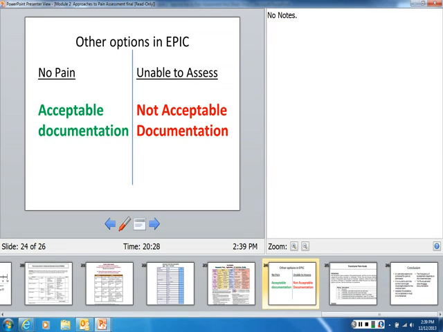In my mind, this is really not acceptable documentation under very many circumstances that I can think of. If your patient is unresponsive and an adult, you should be using the PAINAD scale at this time. And really, the Wong-Baker FACES scale should not be used in any patient that is unable to self-report their pain.